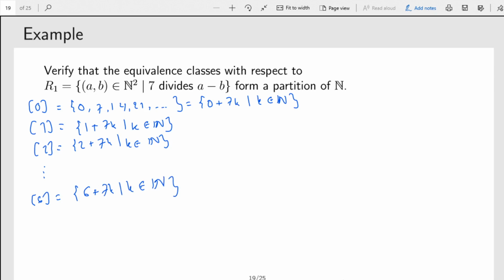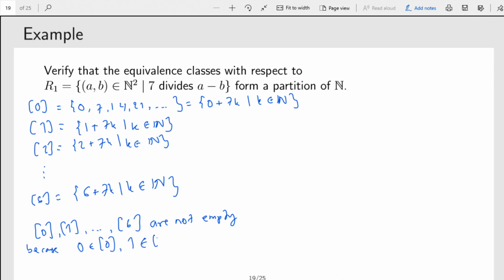Now 0, 1, up to 6 are not empty, right? Because obviously 0 is in this equivalence class, 1 is in this equivalence class, and so on. 6 is in the equivalence class of 6. And then the intersection of them, take any two.